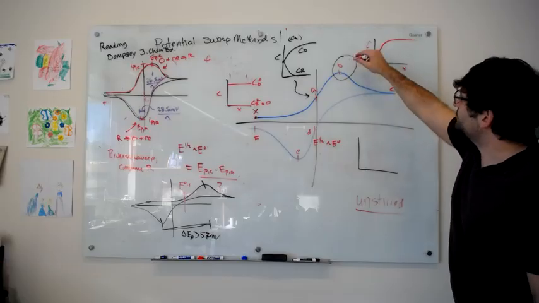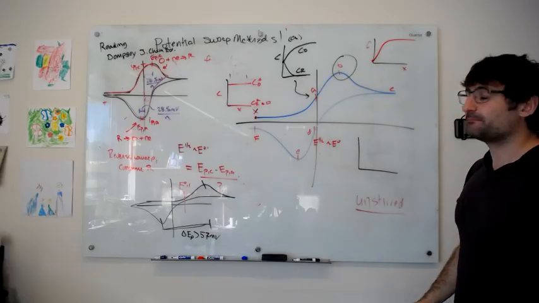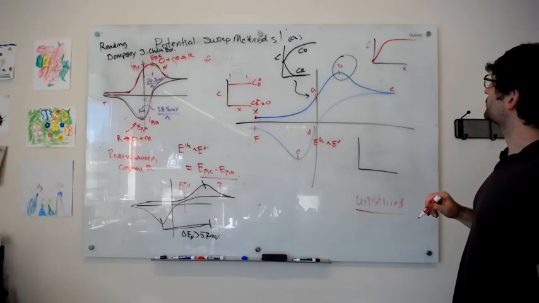So it's sort of a convolution of the time of diffusion versus the surface concentration set by the Nernst equation that determines where that peak current occurs.